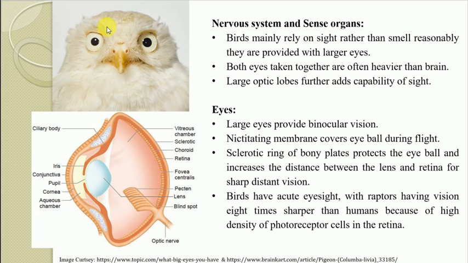They are provided with large optic lobes. Large optic lobes further add to the capability of sight, because the optic lobe is the center of vision in the brain. So they are provided with large eyes and large optic lobes.